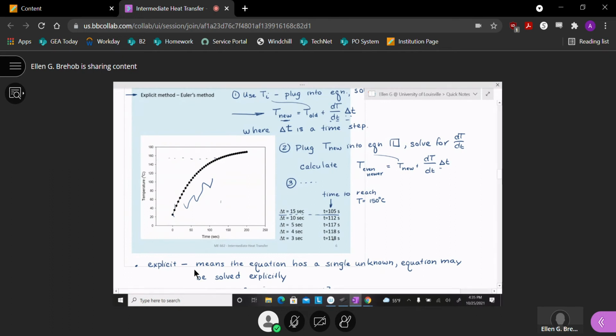And I kept going down until I got something that reached pretty consistent values. So I'm not changing much as I go to smaller time steps. And I think that is the last case that I put here on the graph, is that I did my smallest time step. That's graphed here, showing our temperature.